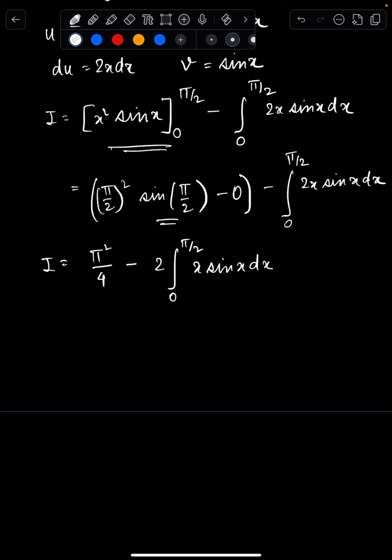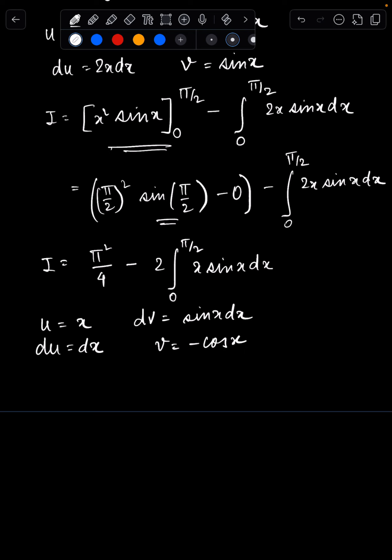So I'm going to use the same integration by parts again. So here my u is equal to x and my dv is equal to sine x dx, correct? And my du is basically dx and my v becomes minus cos of x.